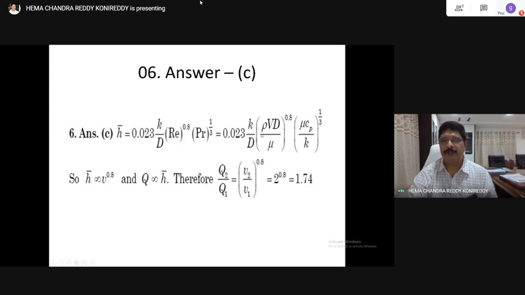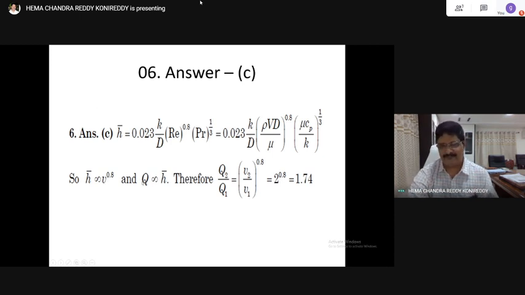What is Nusselt number? Nusselt number is equal to hL by k. So Nusselt number is directly proportional to h. Nusselt number is directly proportional to Reynolds number power 0.8. So therefore, h is directly proportional to velocity power 0.8.